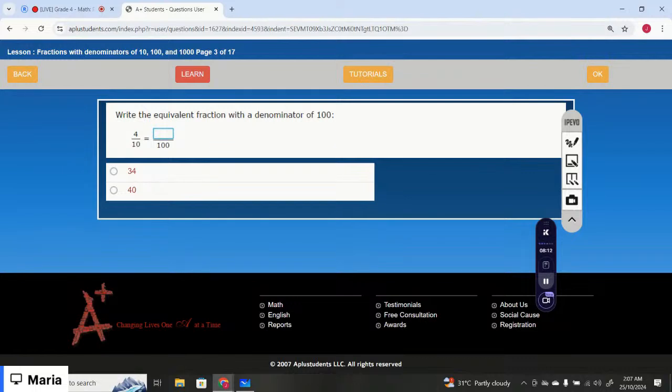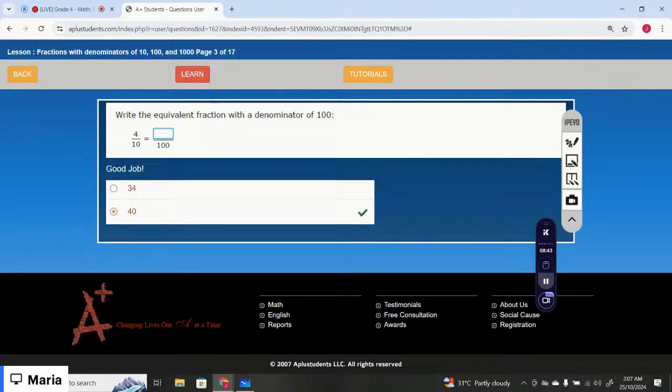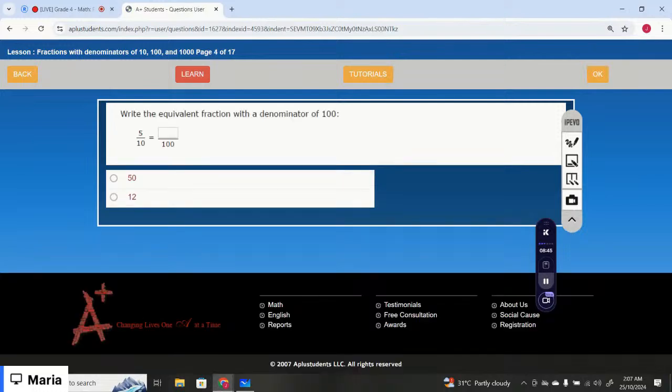The next one is 4 over 10 equals the missing number over 100. So which is the correct option? 40 over 100, right? The correct option is 40. You have to multiply both numerator and denominator by 10, so that is 4 times 10.